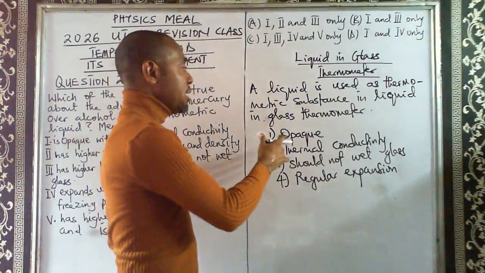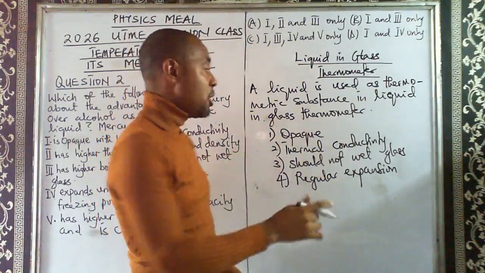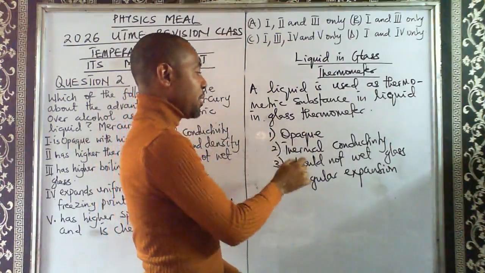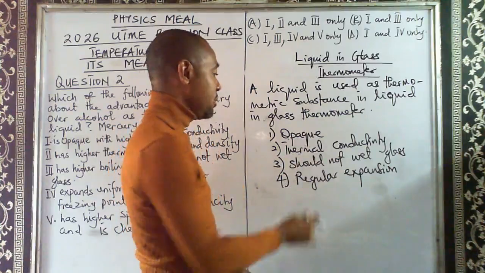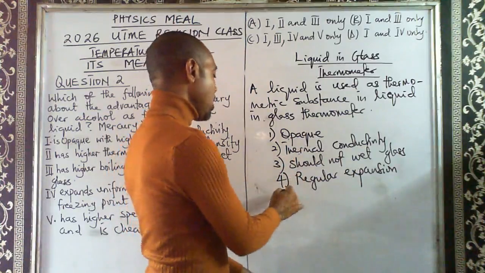So any substance that will be used as a thermometric liquid must have these properties. One, it must be opaque, have high thermal conductivity, it should not wet glass, and have regular expansion.